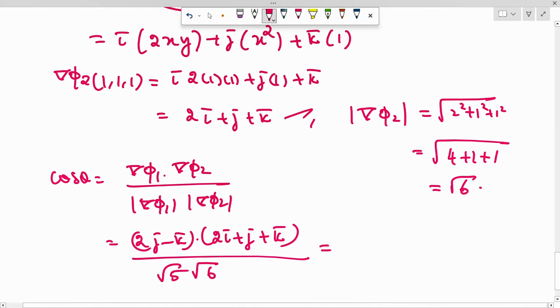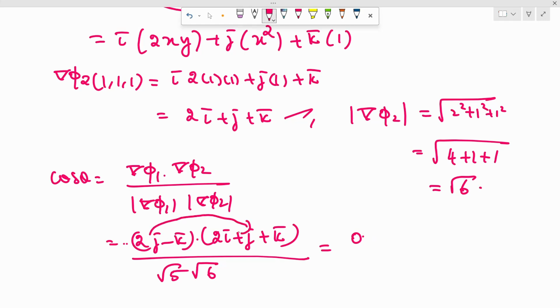Now taking the dot product of these two, the i term in del phi 1 is 0, which means 0i into 2i will be 0. This into this: 2j into j will be 2.